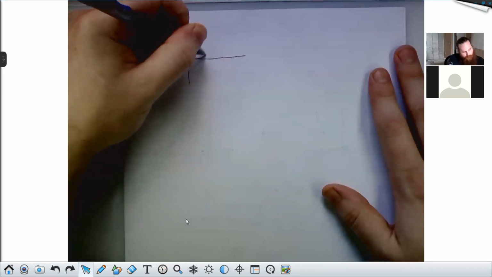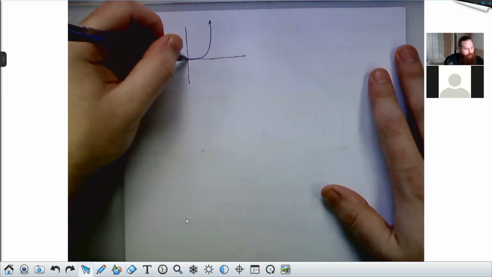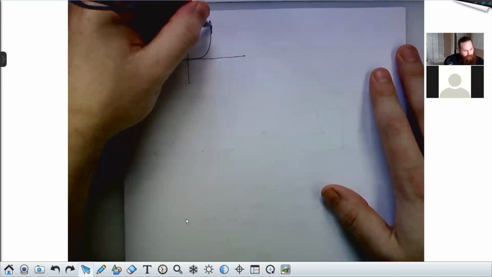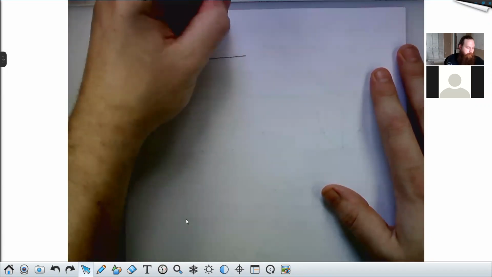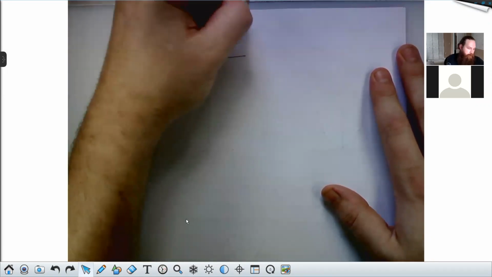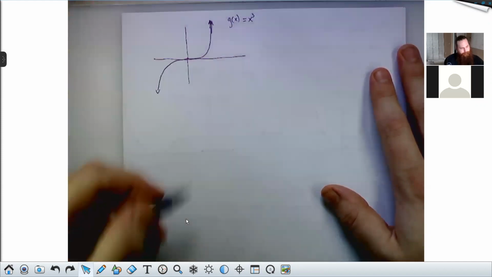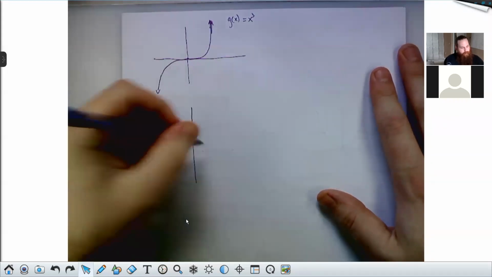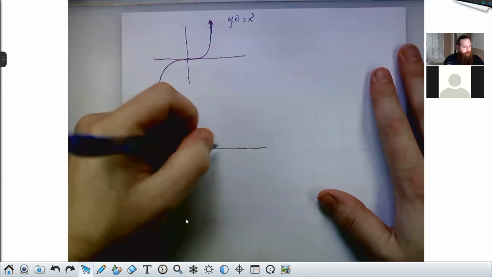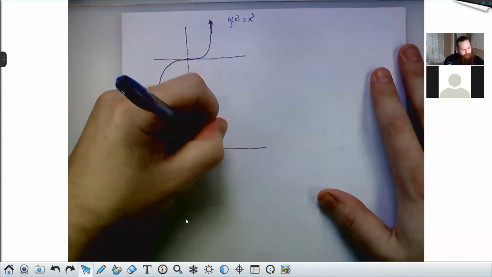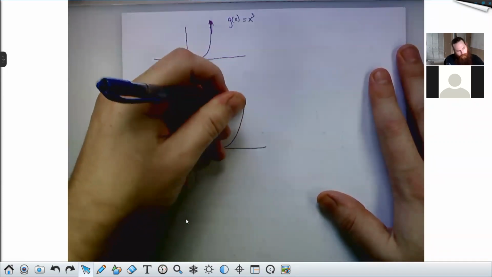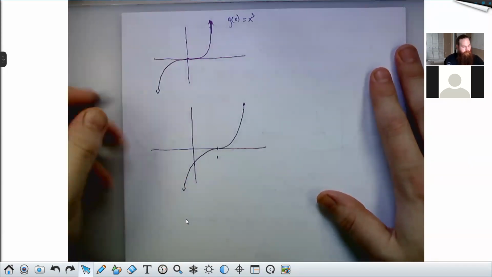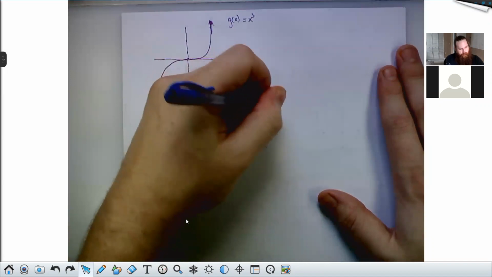So let's start the graph like this. We'll call this x cubed. Shouldn't really be going completely vertical there, but g of x is x cubed. If I wanted to drag this to the right by 1 unit, what would f of x be?